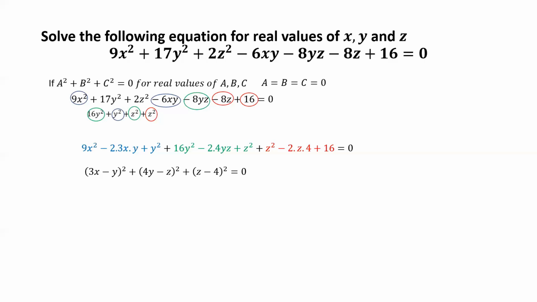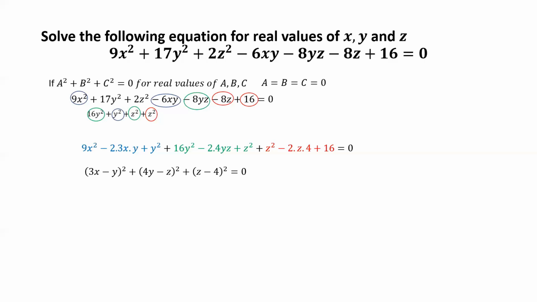Similarly, the second set of terms, which are in green, can be grouped together as 4y minus z whole square. And the third set of terms, which are in red, can be grouped as z minus 4 whole square. And now we have reduced our given equation to the sum of three squares on the left-hand side, and the right-hand side is still 0.